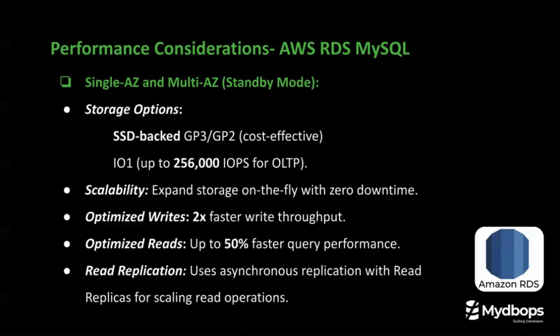This improves responsiveness even under heavy loads. So overall, if we talk about RDS MySQL performance, it provides a solid balance of cost, performance, and scalability, making it a reliable option for production databases.